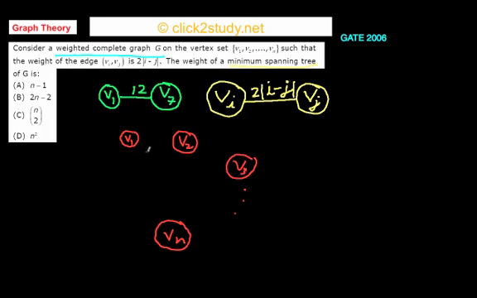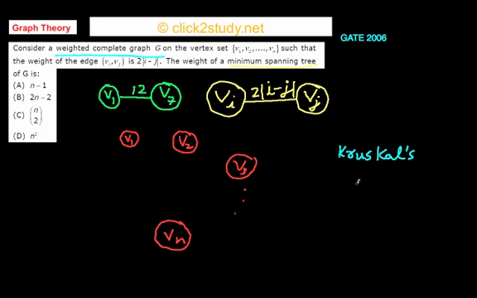I'm just going to draw the minimum spanning tree. You think of every vertex connected to every other vertex, and from that complete graph we find the minimum spanning tree. The idea I'm going to use is from Kruskal's algorithm.